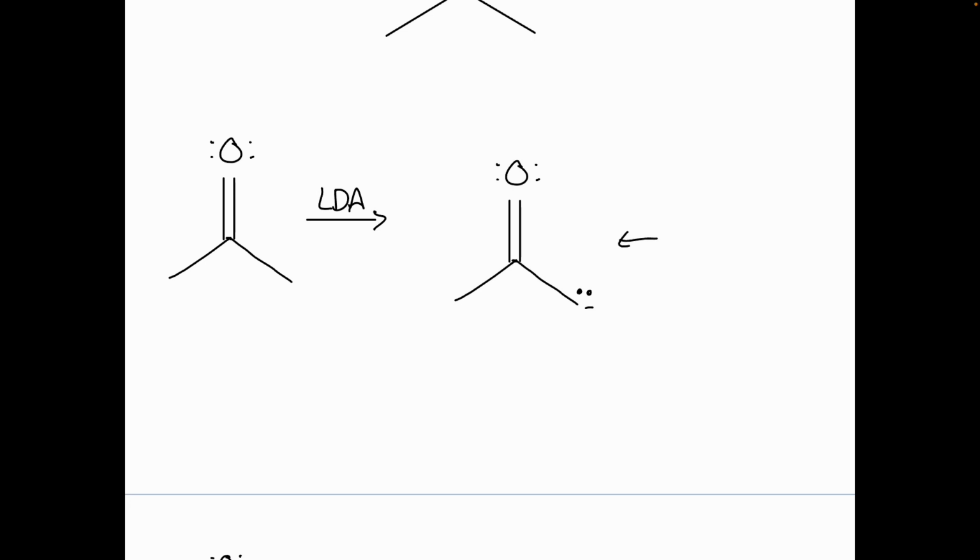But we said that this alpha carbon is so acidic because this enolate ion is not just this one structure. We've got to draw two resonance contributors here. Everybody take a second and draw me my second resonance structure.